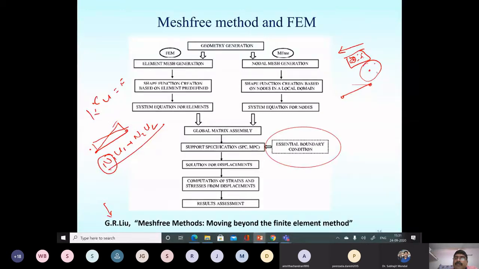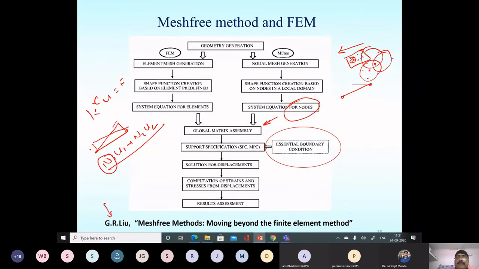The nodes influencing that particular point contribute there, and that is added to your global stiffness matrix. You see which points are influenced by that particular node, populate your matrix accordingly, and then apply the boundary conditions and solve. The procedure is the same as in FEM.